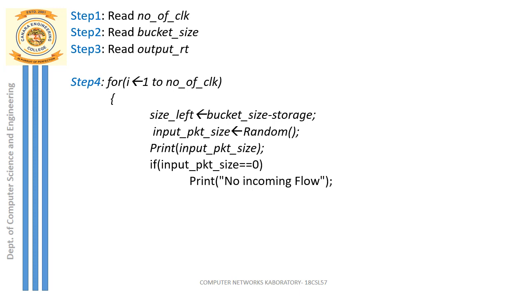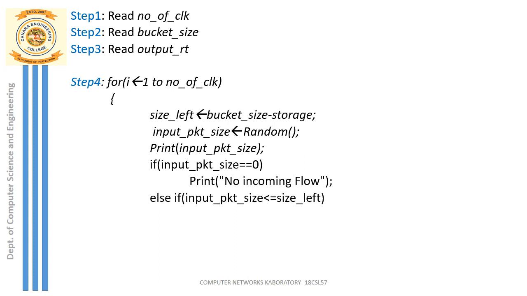The second case is if the input packet size is less than or equal to size left, because we have to consider whether the burst can be included in the bucket or not. So before inserting the packet we have to check some conditions. The first condition is whether input packet size is 0. If it is not 0, then we check whether the input packet size is less than or equal to size left.